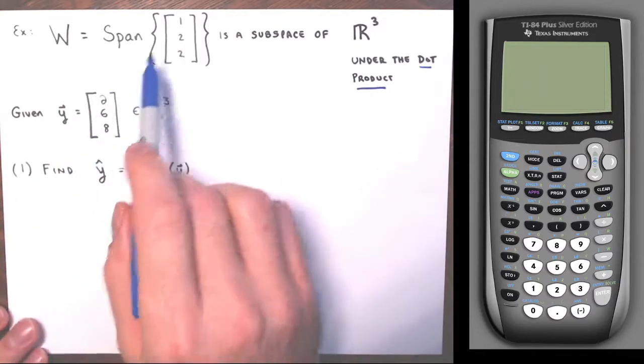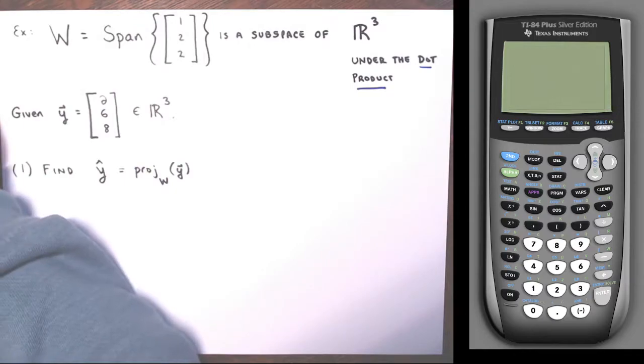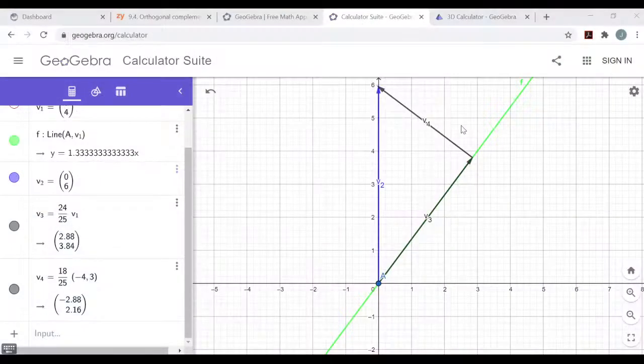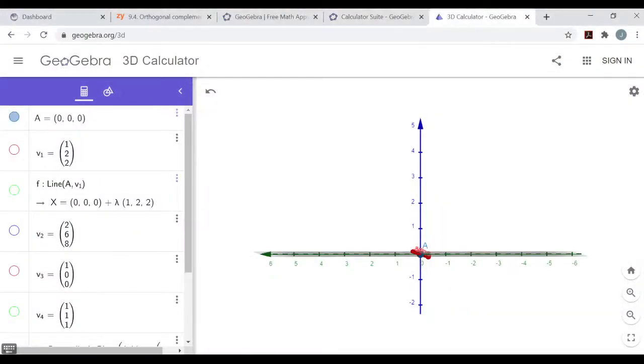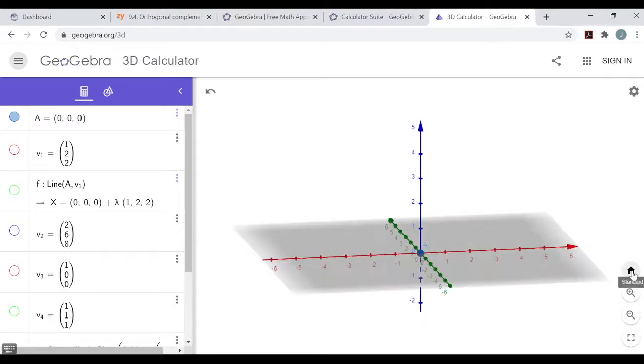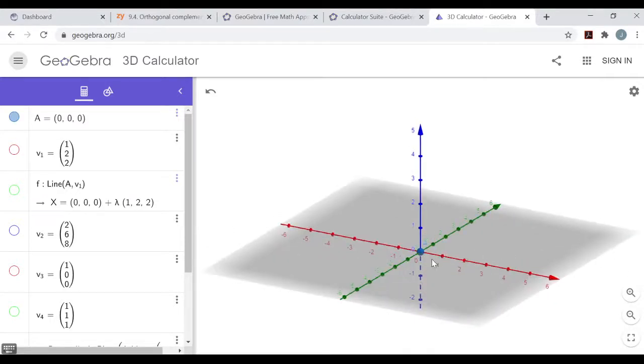Let me show you a picture of what's going on here too. So here's the 3D calculator. Go back to the main screen here. Now the components go in the order of the red, the green, and the blue axes. So red, then green, then blue are the order of the components.